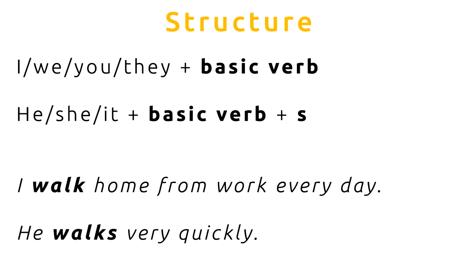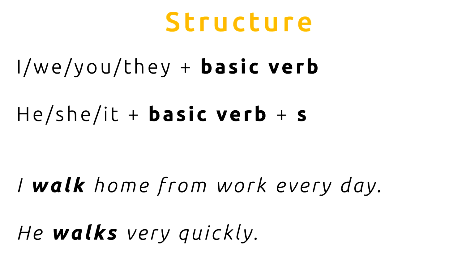So notice the difference. I walk home from work every day. He walks very quickly. Can you see the s at the end of walks? Use the s at the end of the verb when you use he, she, or it.